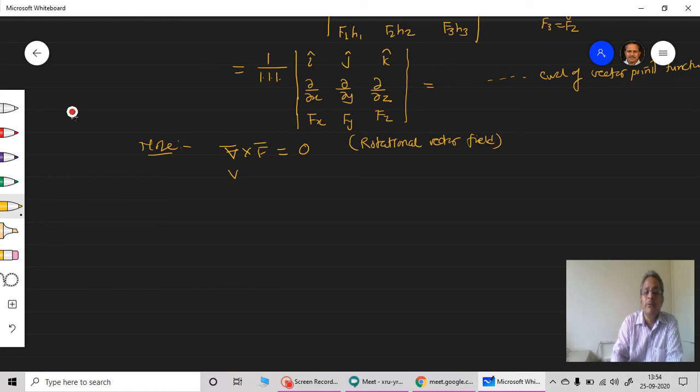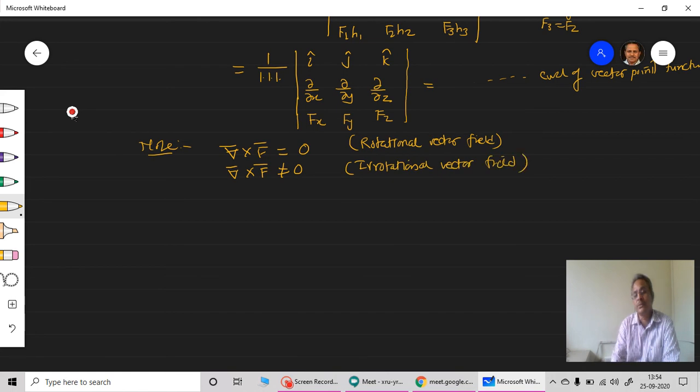And when this del bar cross f bar is not equal to 0, that is called an irrotational vector field. We have studied all these definitions earlier in the SYBSc, so I am not repeating all these things.